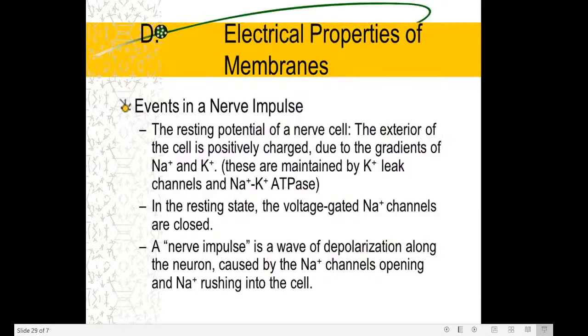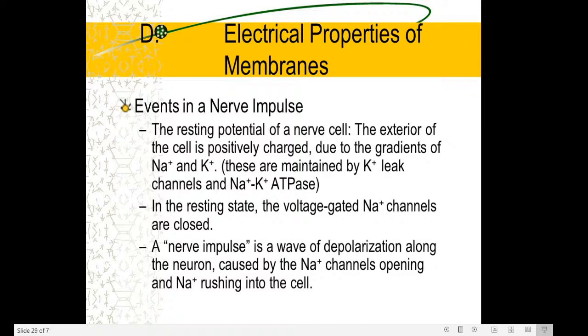Now the electrical property of the membrane. This electrical property is due to the gradient of potassium and sodium, and is maintained by the potassium leak channel and the sodium potassium ATPase.